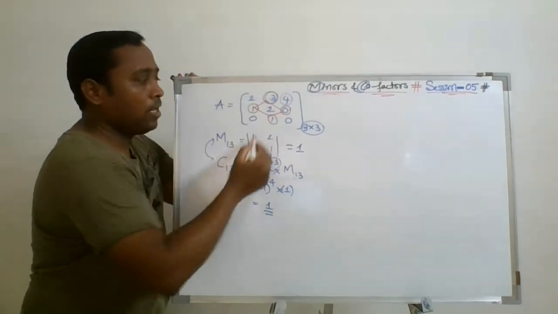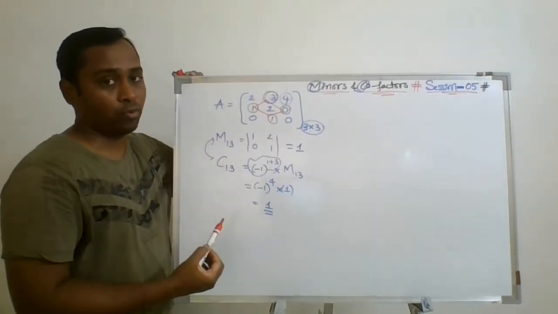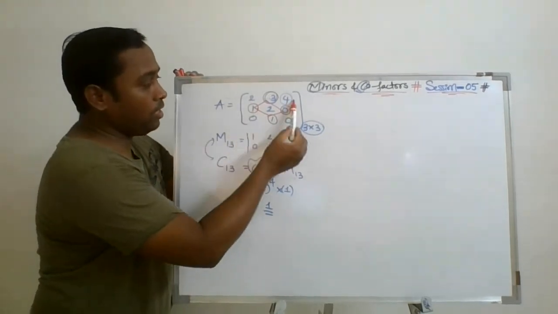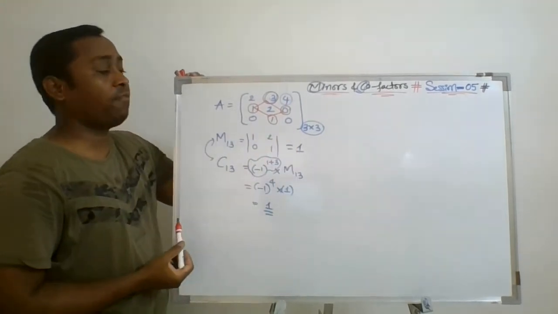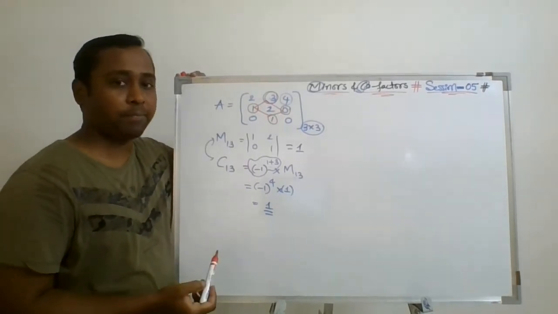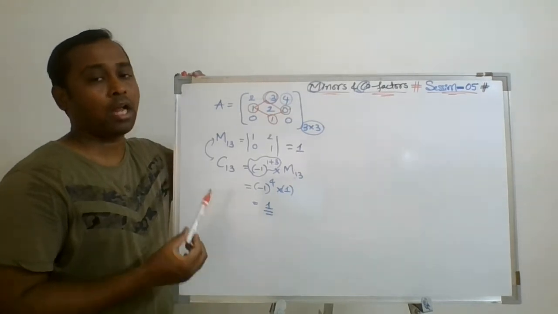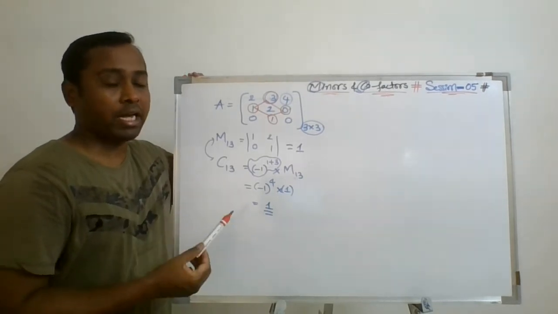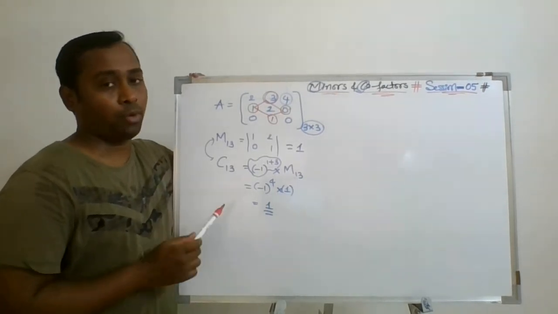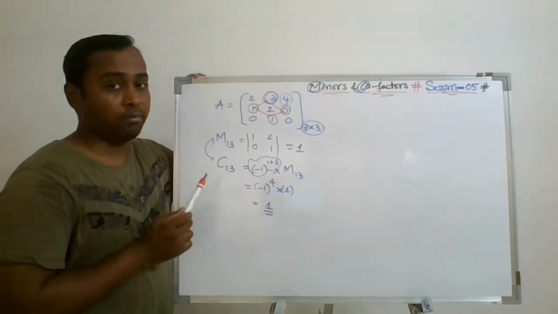For these, minor and cofactors differ by the sign only, but for the rest of the five elements, the minor and cofactors remain the same, because as we understood, minor and cofactors simply differ by the position sign of the element of the determinant.